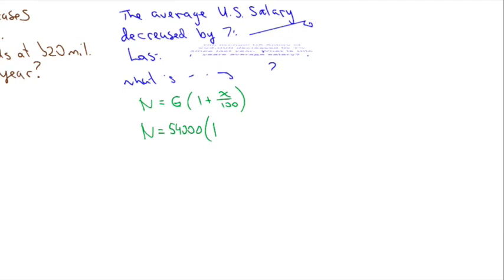What goes next? Minus, because of this word right here. So this would be minus 7 over 100. Again, if you change it to 0.07, just write 0.07 and be done with it. So all you have to do is type that in your calculator and you find your new salary.